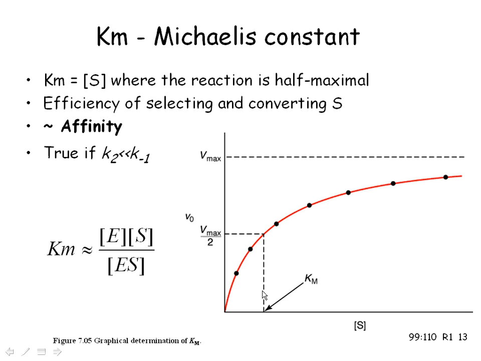So the Km is a measure of affinity, of how readily that enzyme binds a substrate. Vmax is a measure of how quickly it can turn it over when it's occupied. Km and Vmax are completely independent properties.